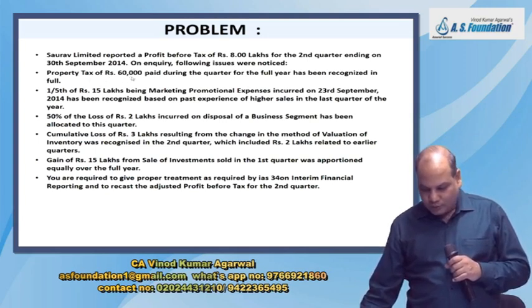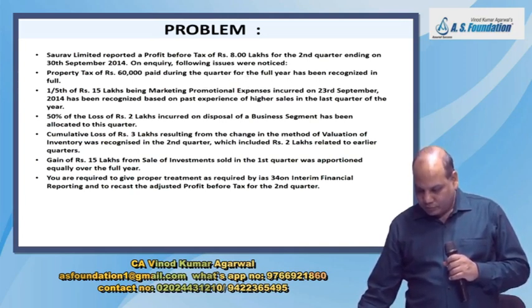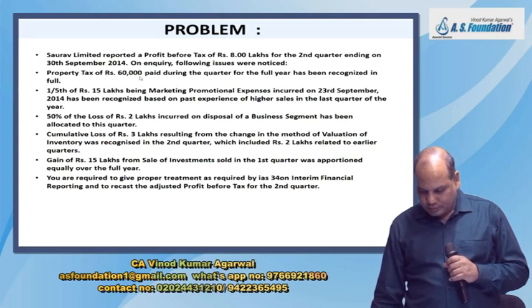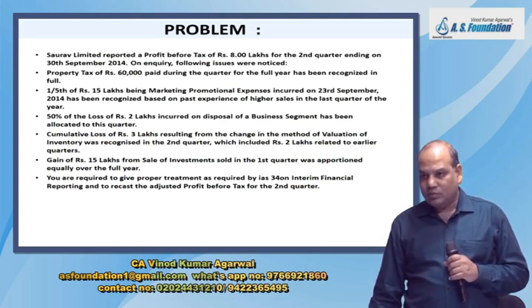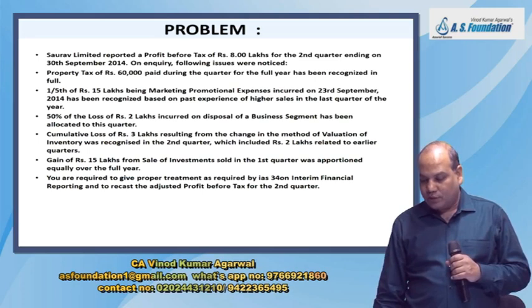Property tax of rupees 60,000 paid during the quarter for the full year has been recognized in full. Is it right or wrong? What is wrong? You should recognize 1/4 only.